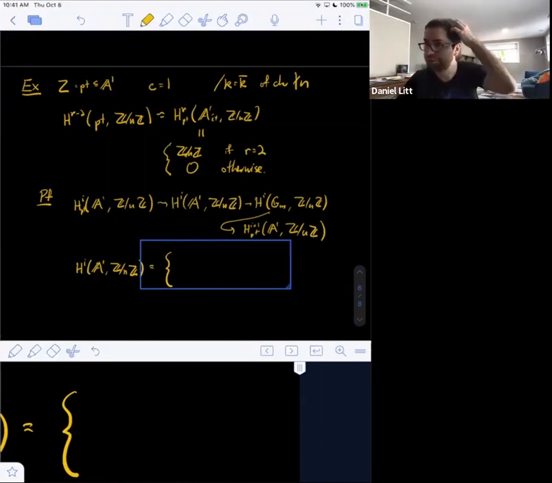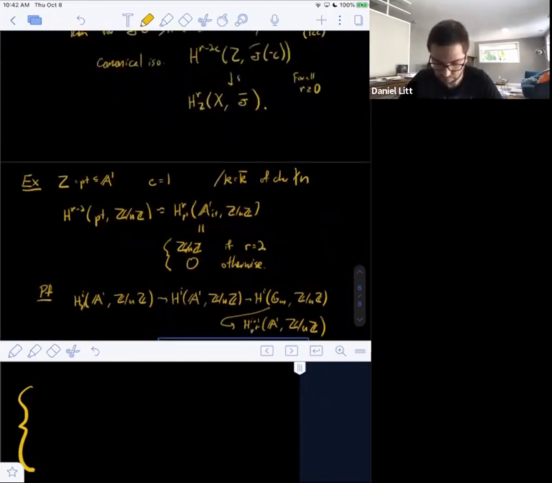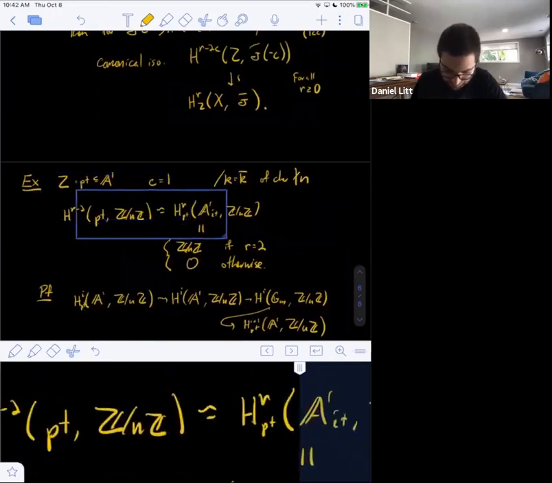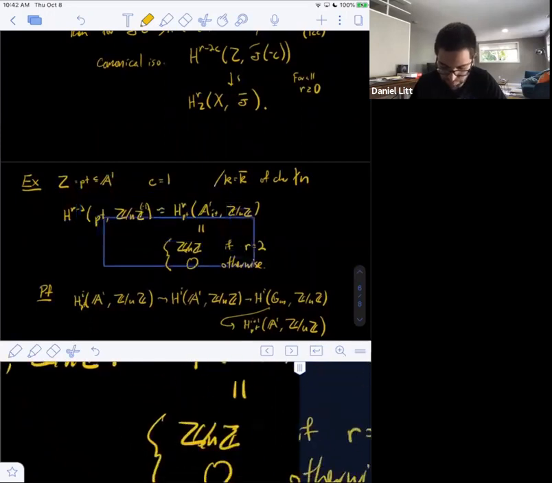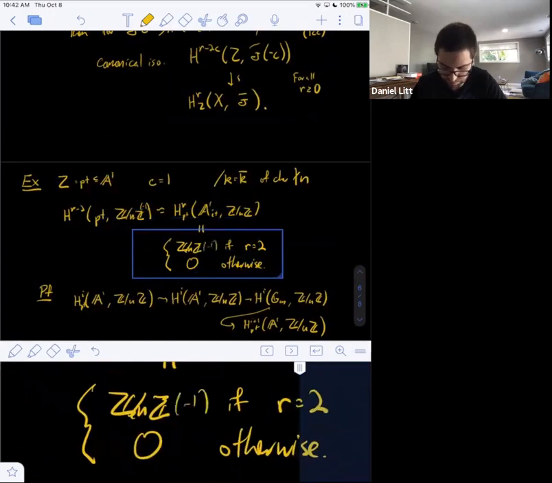So how would you figure this out? And let's not worry about the Galois action, especially because I screwed it up over here. This should be a -1. And this should be a -1. Great.